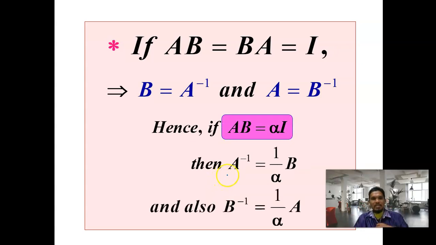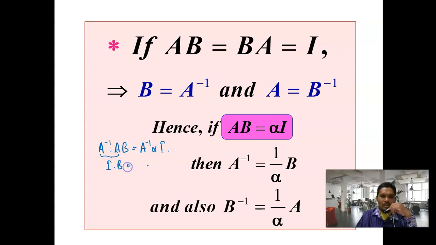So class, in this case, if AB equals a scalar alpha multiplied with the identity I, it's going to be like this: A inverse multiplied with AB equals A inverse times alpha I. For this one, it gives you I and B, and the scalar is still a scalar.